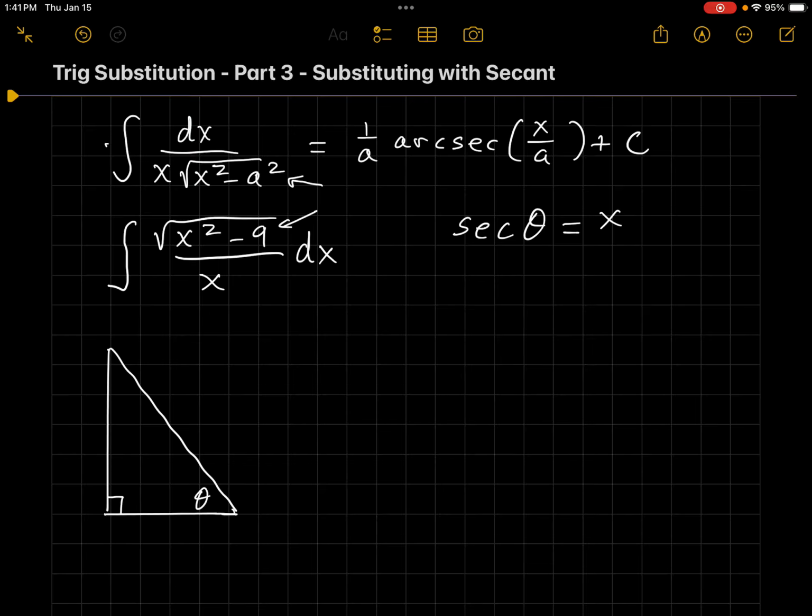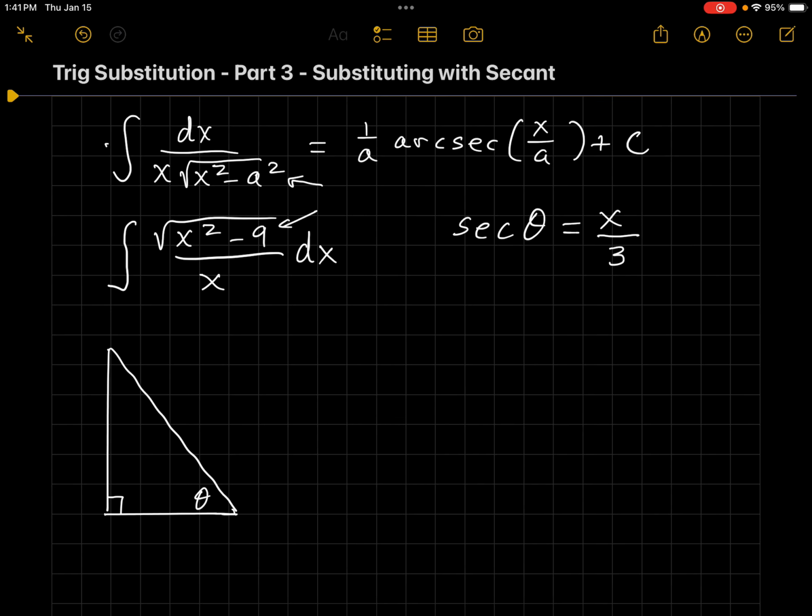Now, looking a step ahead, does x over 1 work? It doesn't look like it, because I really need x over a. So it makes more sense to start with secant theta equals x over 3. And we'll see if it gives us what we need.